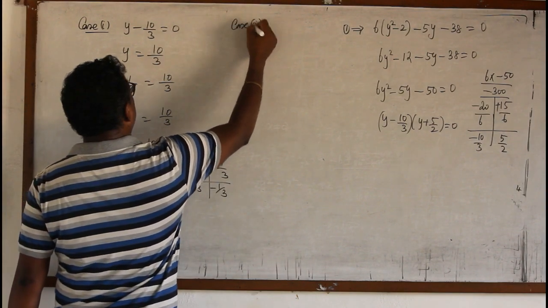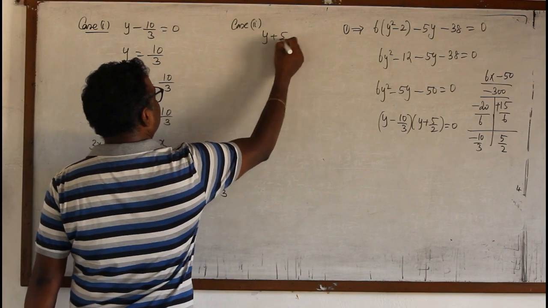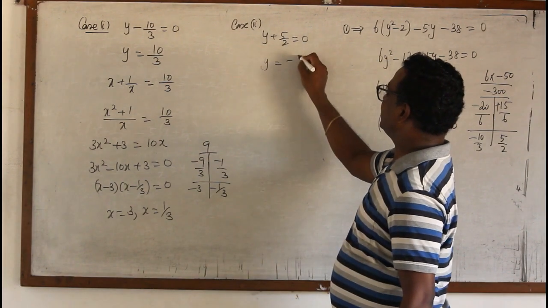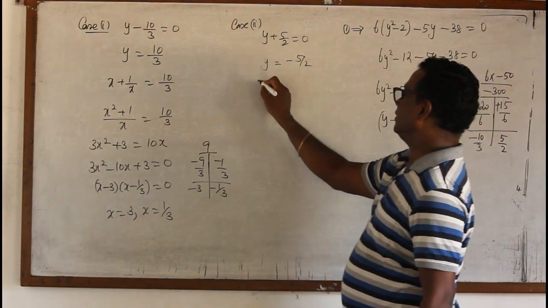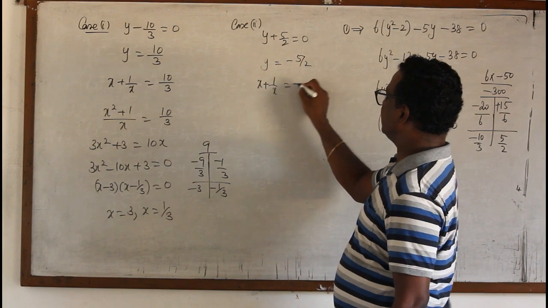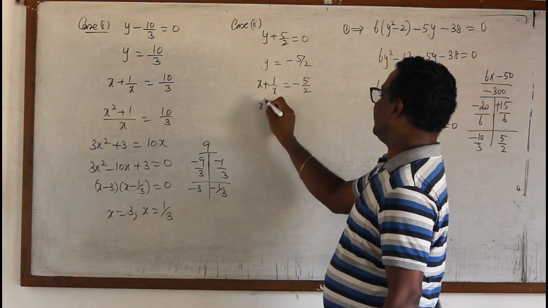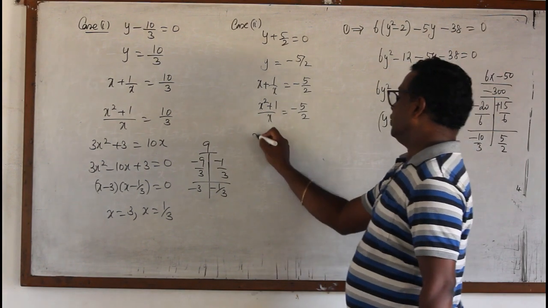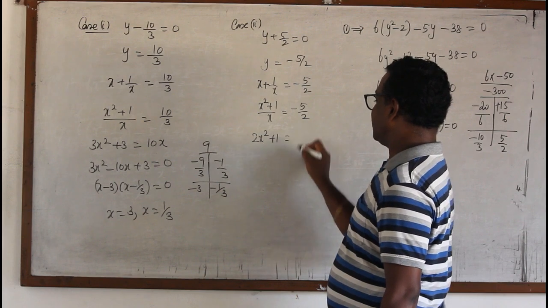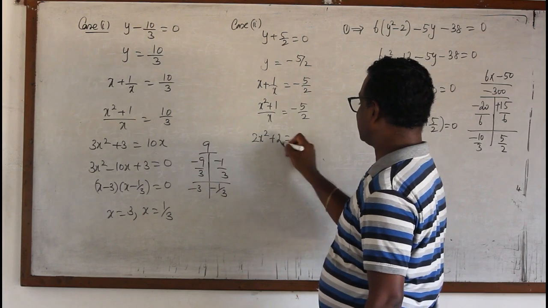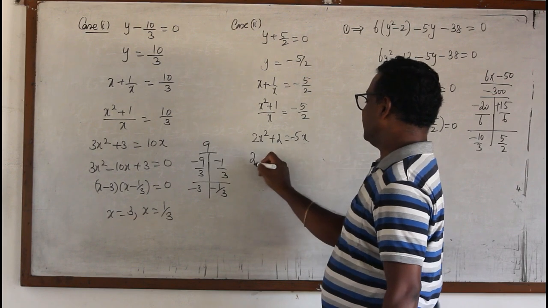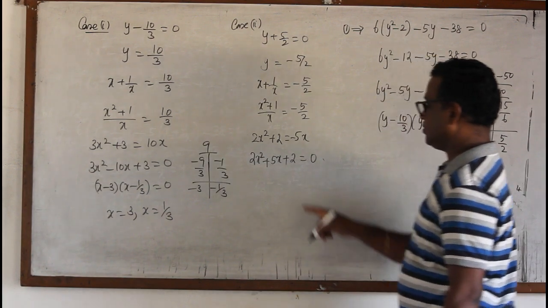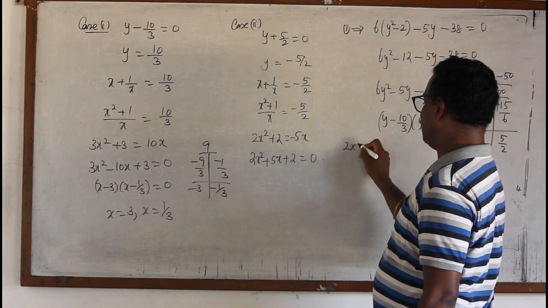Now case 2. y plus 5 by 2 equal to 0. So it is y equal to minus 5 by 2. That is x plus 1 by x equal to minus 5 by 2. x square plus 1 by x equal to minus 5 by 2. 2x square plus 2 equal to minus 5x. 2x square plus 5x plus 2 equal to 0. 2 2s are 4.